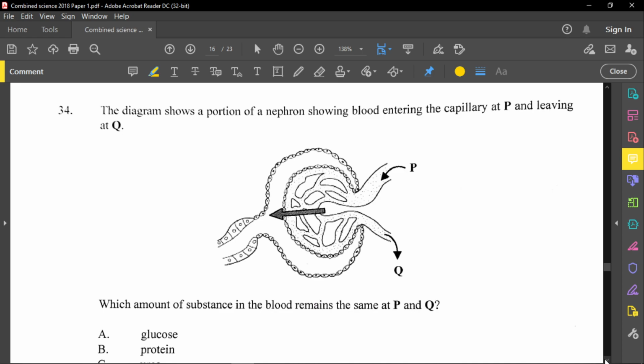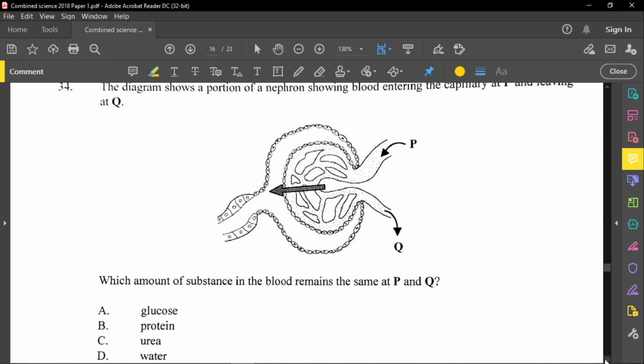Now 34, a diagram shows a portion of a nephron showing blood entering the capillary at P and leaving at Q. It said which amount of substance in the blood remains the same at P and Q. So this is just the glomerulus here, things entering and leaving the glomerulus. What is going in here is a filtrate, or they call it glomerular filtrate.